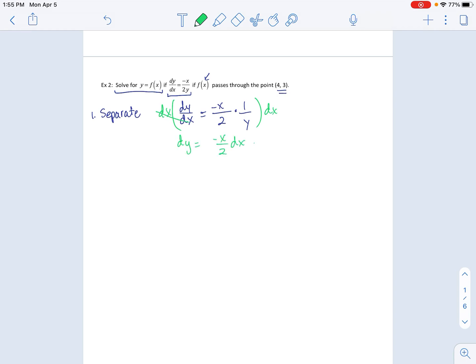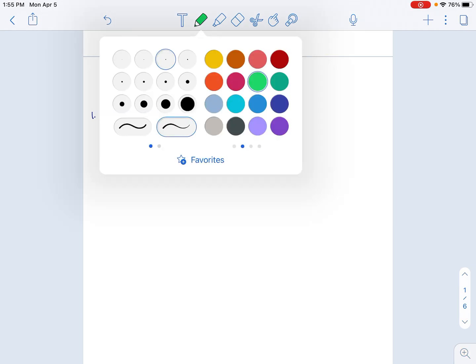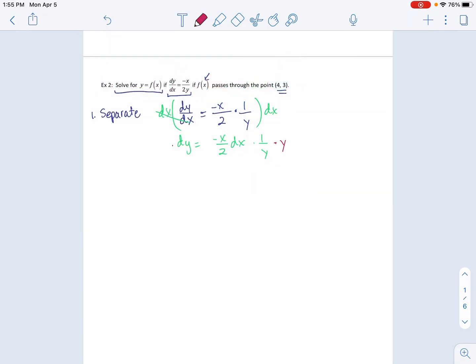So I like this part, and then I'm going to multiply both sides by y to clear that out there. And now I've got a separated equation that I can go ahead and solve. So this one should be pretty quote-unquote easy from here on out.